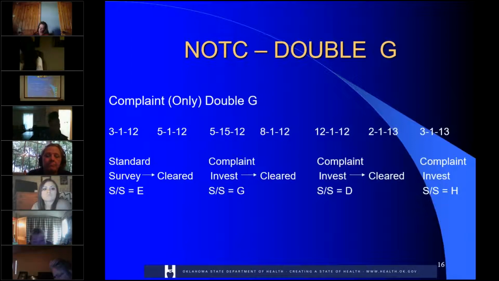It is cleared, and then another complaint investigation occurs in December. And it's only a D. It clears in February. And then, I don't know why it's going off the side of the page, but let's see if I can get that to move down so we can see.